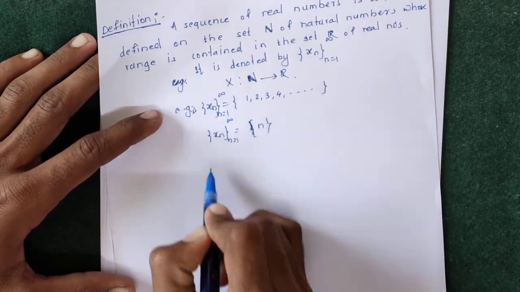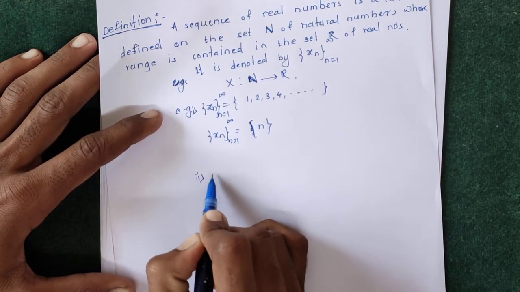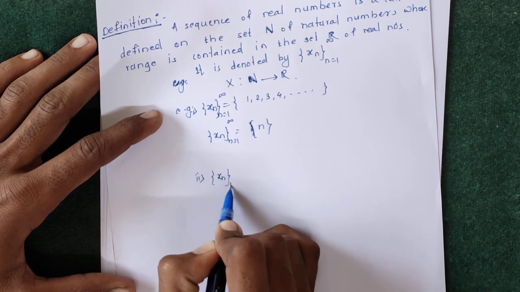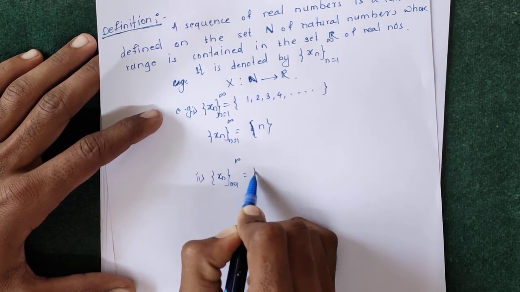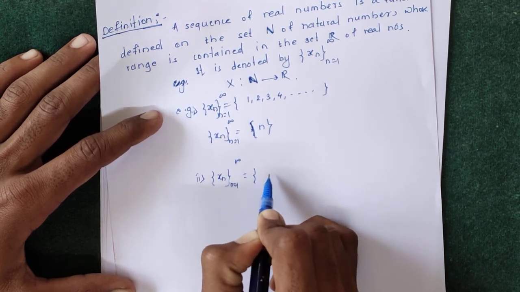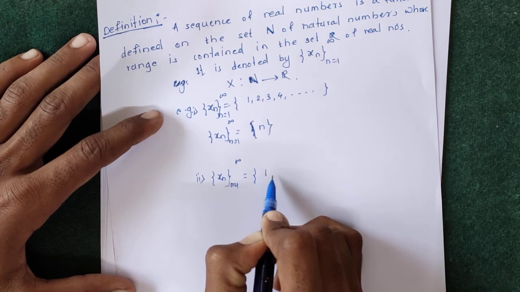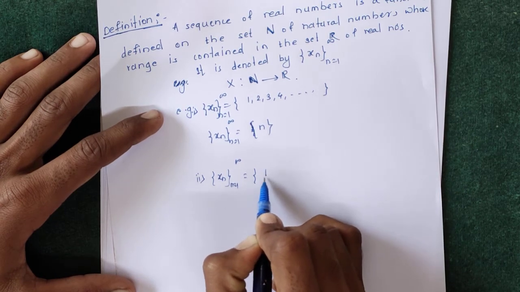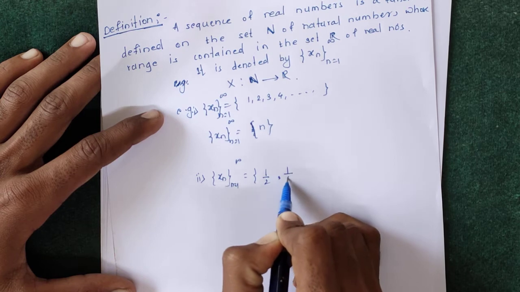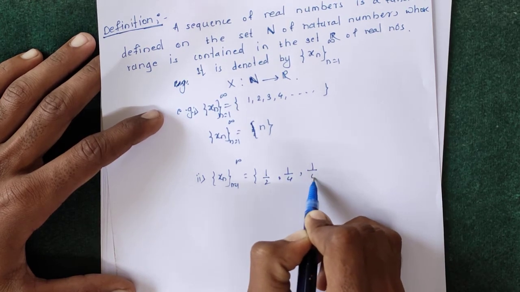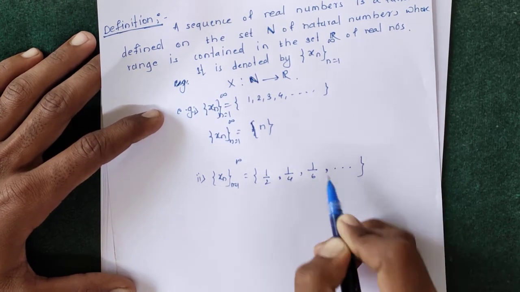If we take another example, suppose the sequence xn, n running from 1 to infinity, is the set 1 by 2, 1 by 4, 1 by 6, meaning reciprocals of even numbers.